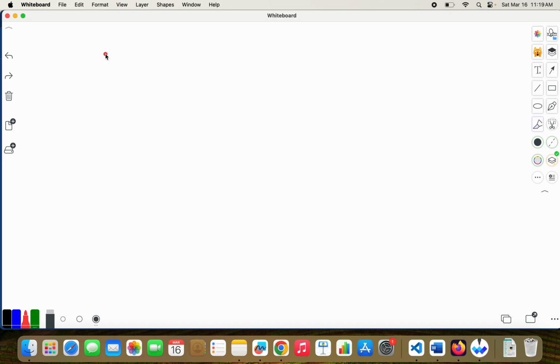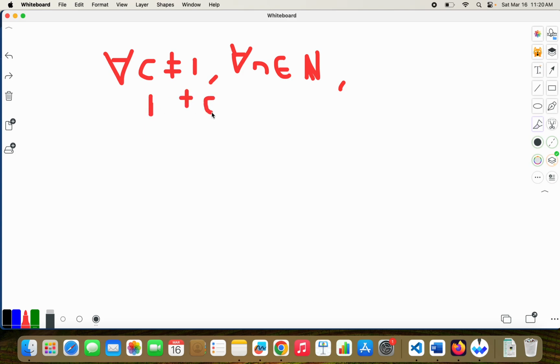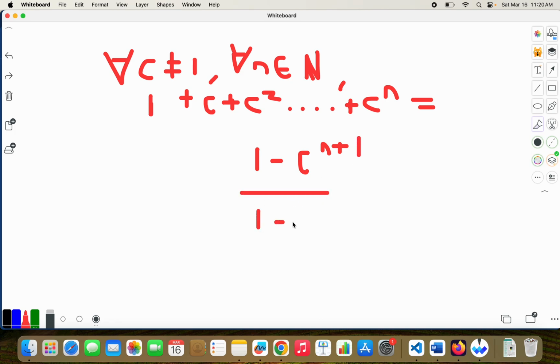P of n is: for all c not equal to 1, and for all natural numbers n, 1 plus c plus c squared, and so on, plus c to the n, equals 1 minus c to the n plus 1, over 1 minus c.